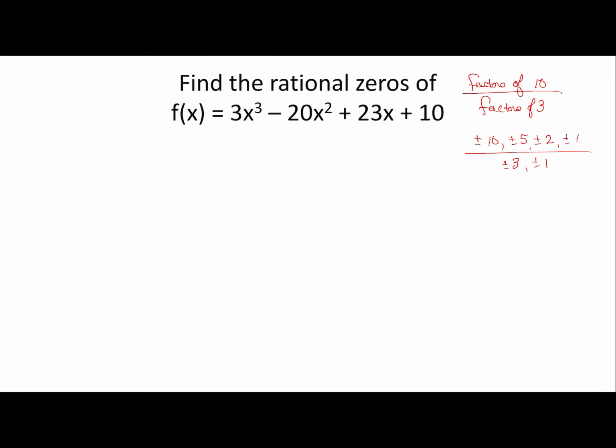So all of our possible zeros are 10/3, 10, 5/3, 5, 2/3, 2, 1/3, and 1, positive or negative of each.